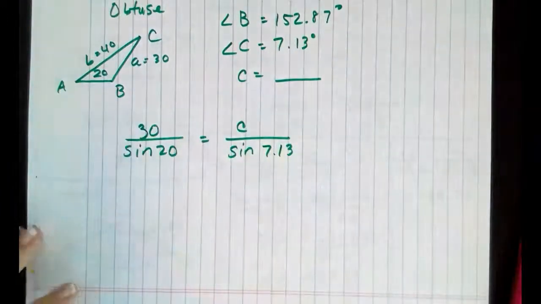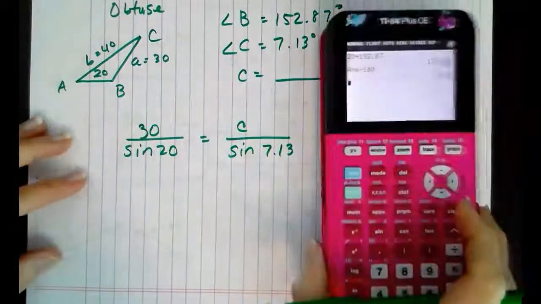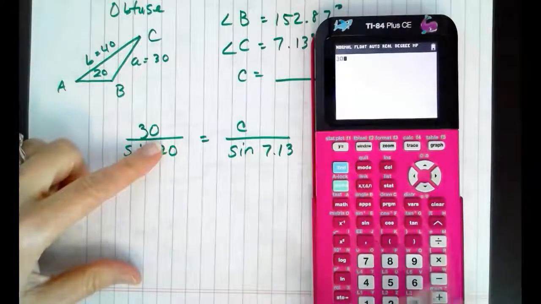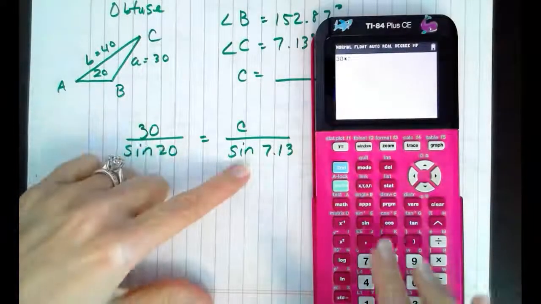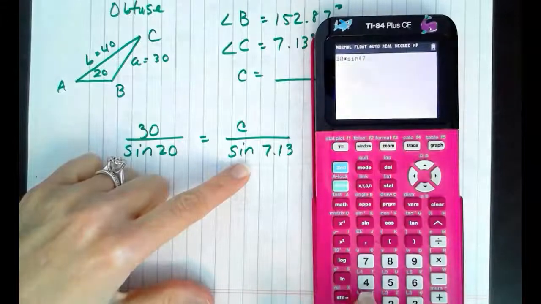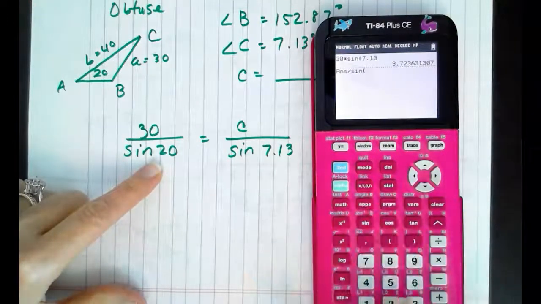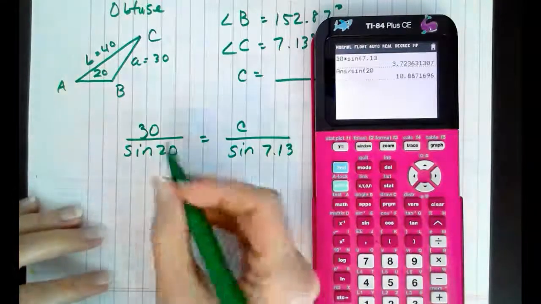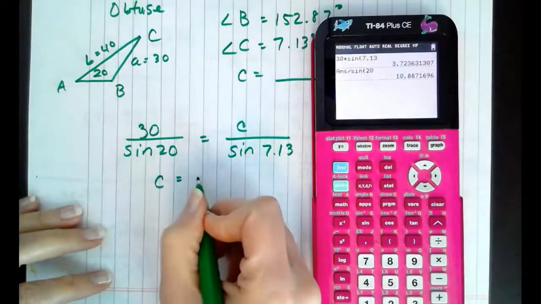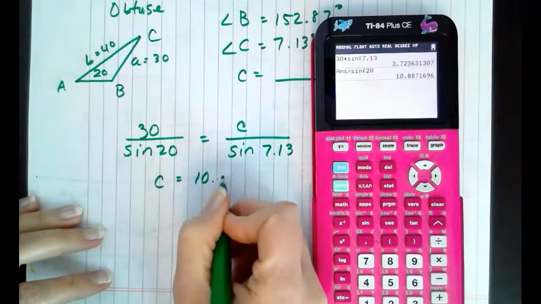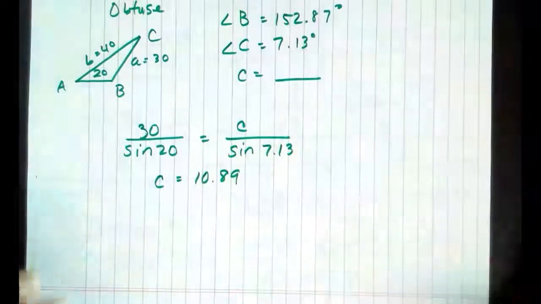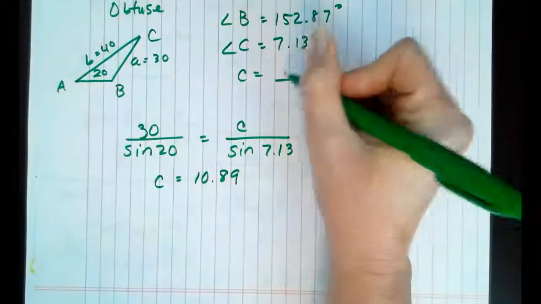So cross multiply and solve for c. So here we go. 30 times the sine of 7.13 divided by sine of 20. Little c is approximately 10.89. So we got everything.